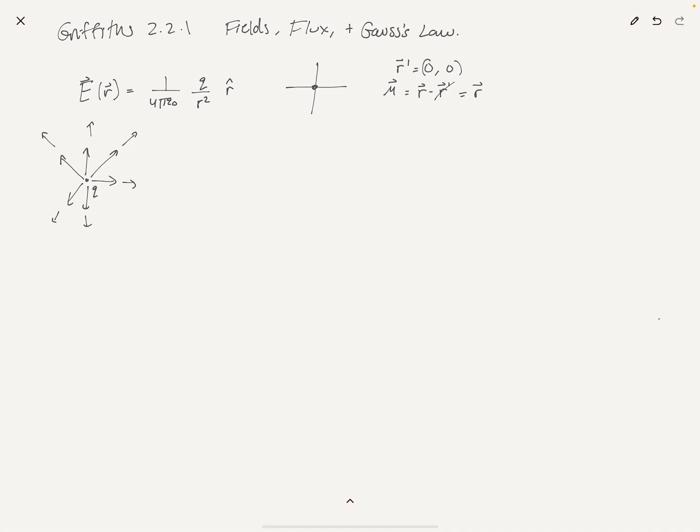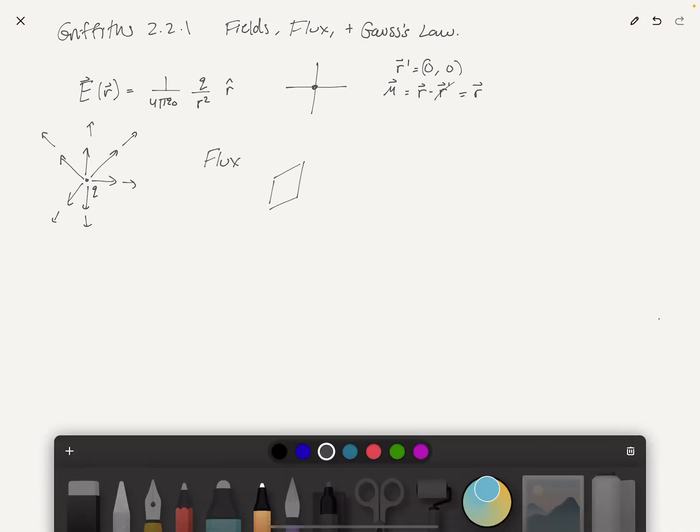I can calculate some fraction of those field lines that go through some region of space by defining the flux. All right, so you might have heard of the flux before. Basically, I have some surface, and I have some field lines going through that surface. I'm drawing them not parallel, but in reality they would be.